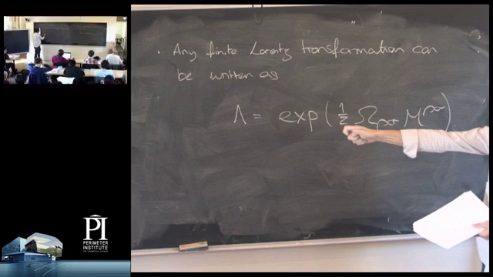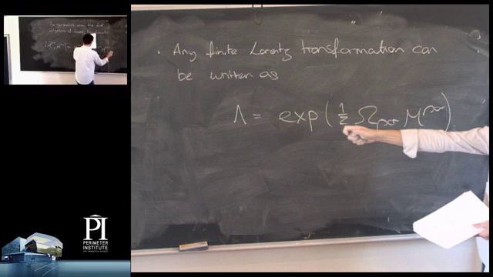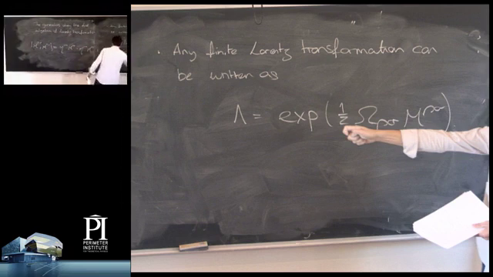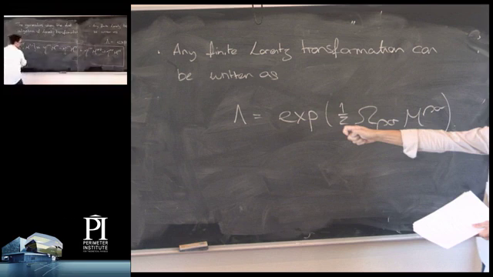So finally, the Lie algebra is the following. You can figure this out just by plugging in the definition of the M's. This is an important equation, so let me just box it.